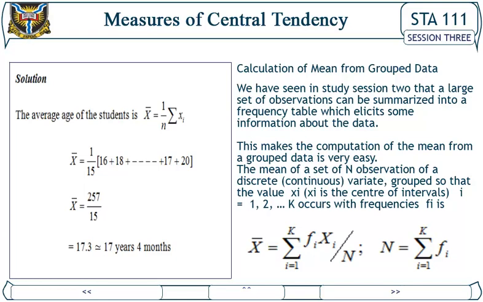The mean of a set of n observations of a discrete or continuous variate, grouped so that the value xi, the center of intervals, i equals 1, 2 to k, occurs with frequencies fi, is: mean equals summation fi xi over n, where n equals summation fi.